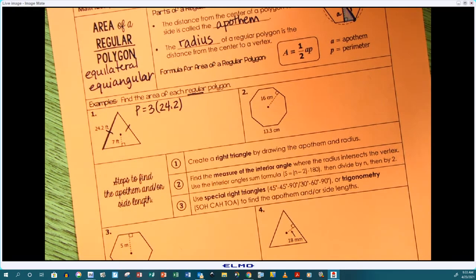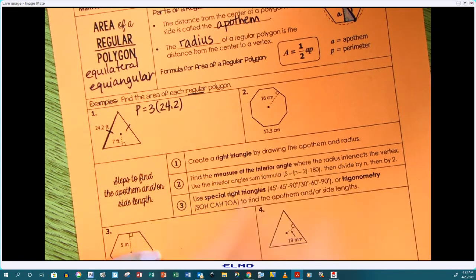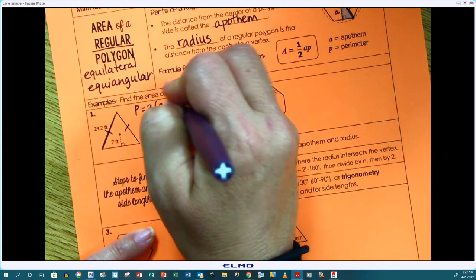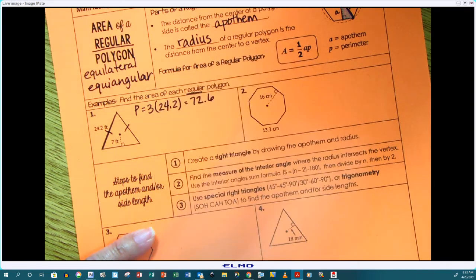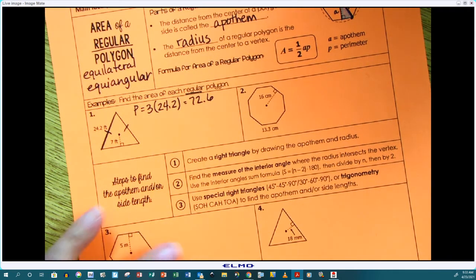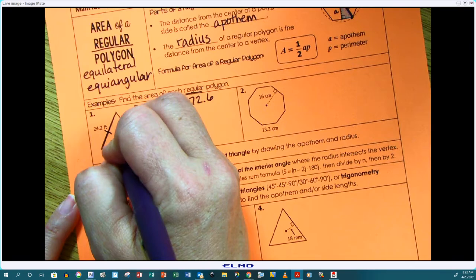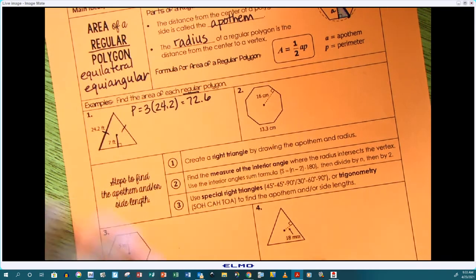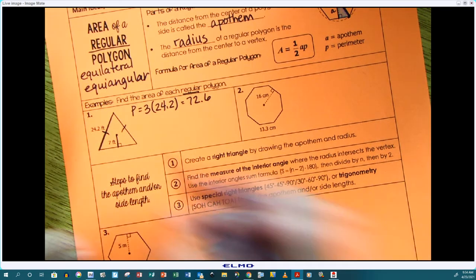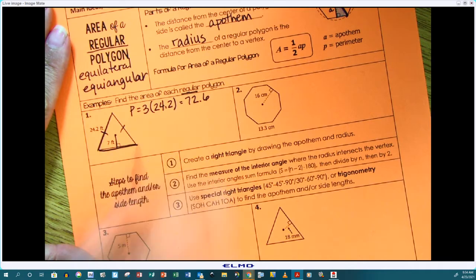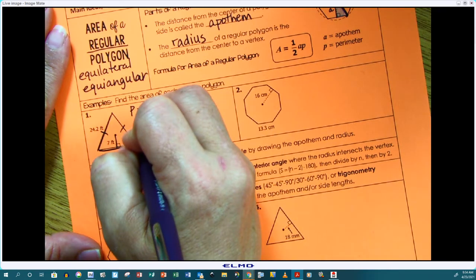So if that's the case, then you're going to find the perimeter, which is 72.6. Now, the apothem is this piece right here that's given to you. The apothem will always go from the center to the edge. All right, so the apothem is 7.